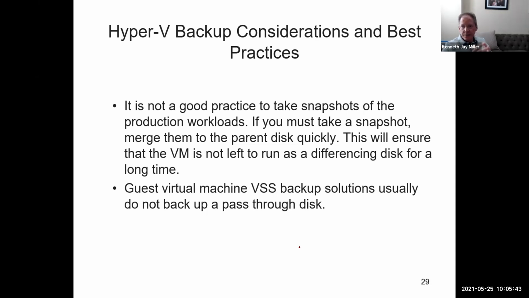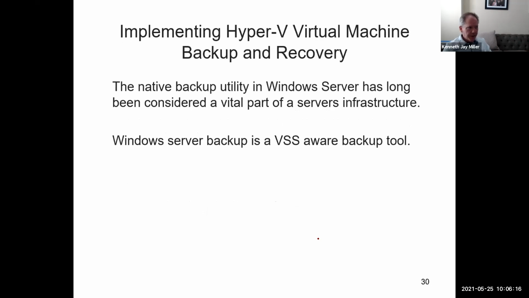Now remember, a pass-through disk is an external or secondary hard drive installed in our host machine that can only be used by the virtual machine, right? Typically our transactional database systems will prefer a pass-through disk because it's the best performance. But our VSS-aware backup solutions normally can't back those up. So they're great for performance, but they're not backupable, if that's a word.